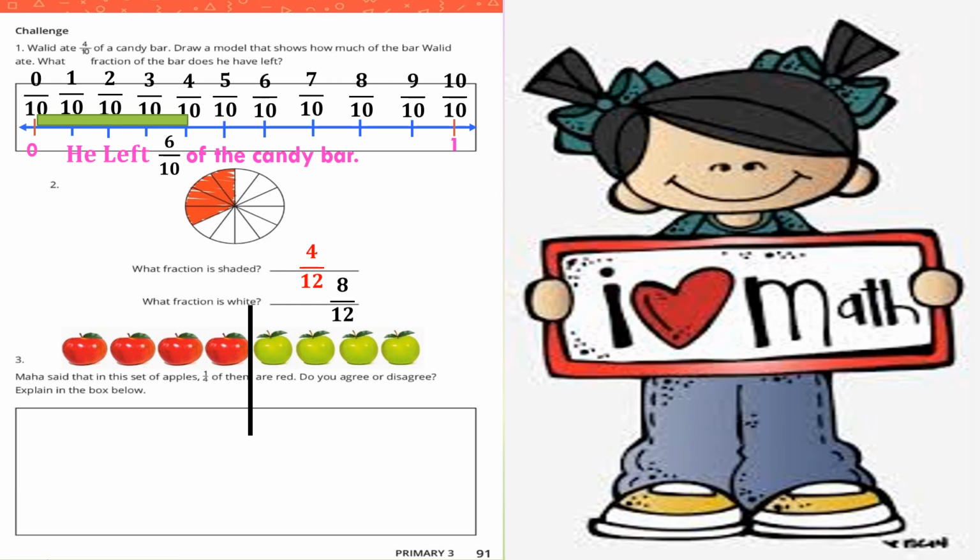So each part will be half. The red apples are half and the green apples will be half also. So half of them are red and half of them are green. So do you agree or disagree? No, I don't agree.